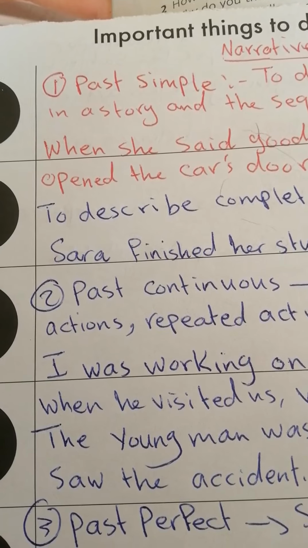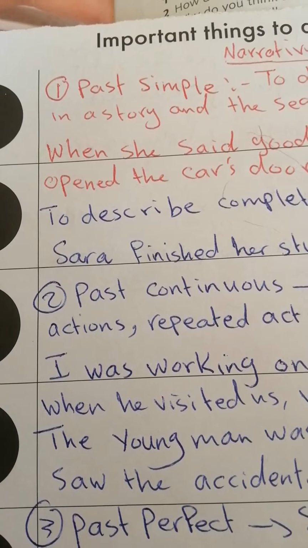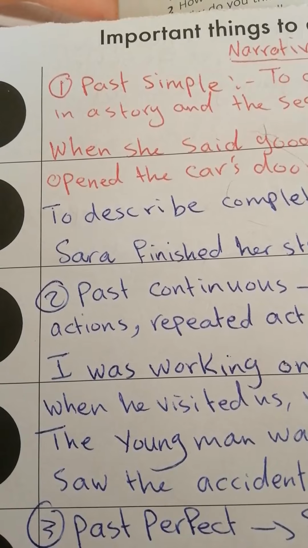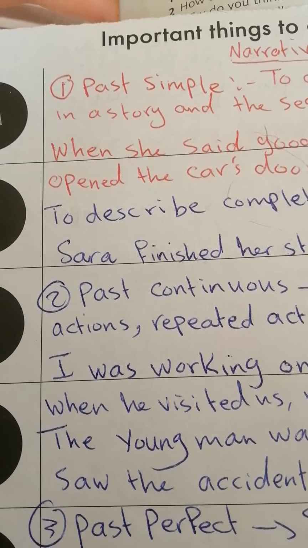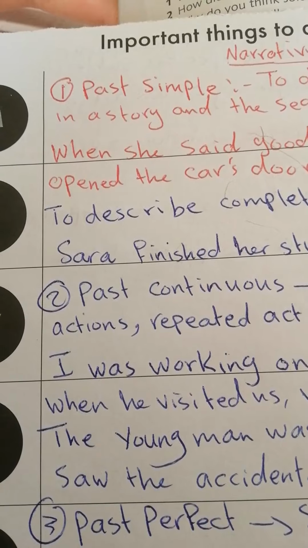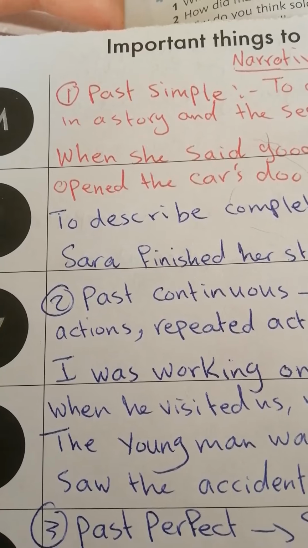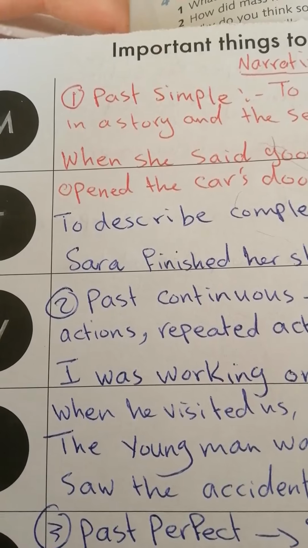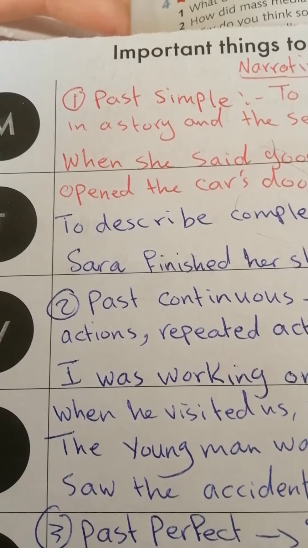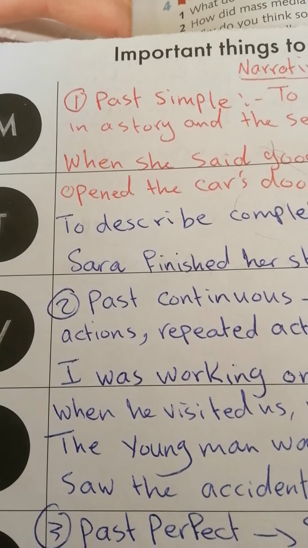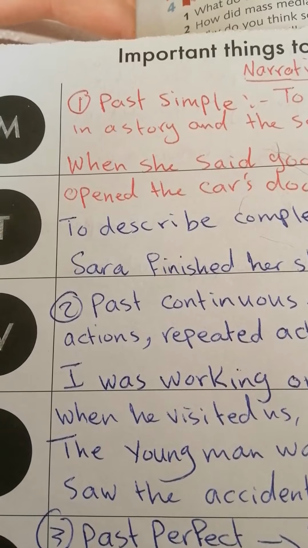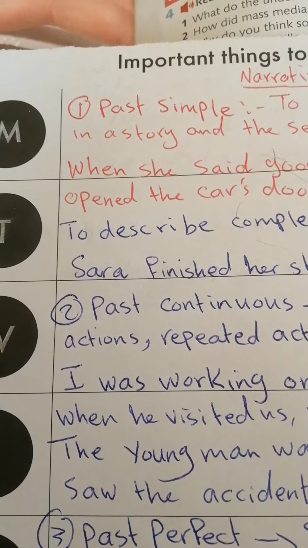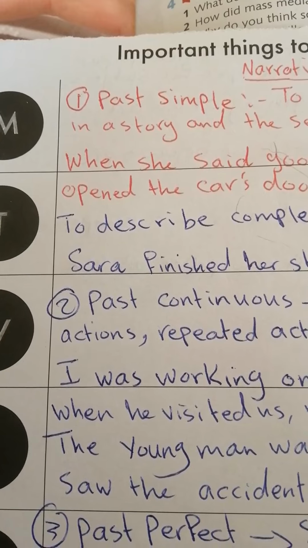Okay? Narrative tenses are verbs that we use to talk about the past, as we said. They are used actually to tell stories and when we describe past events. So we use them either to describe past events or to tell stories. And as we said, the three tenses that we use for narrating are past simple, past continuous, and past perfect.